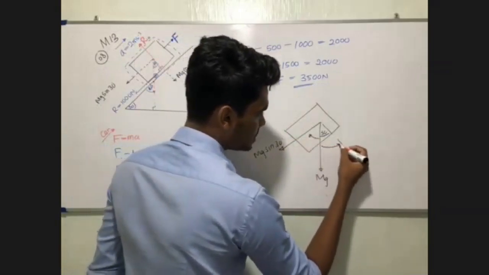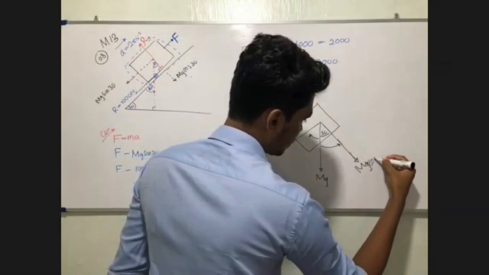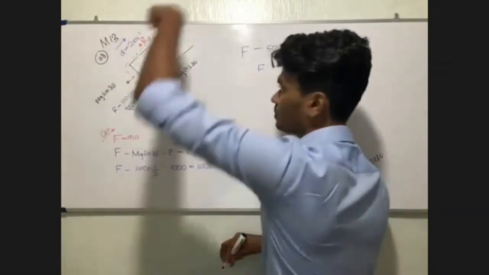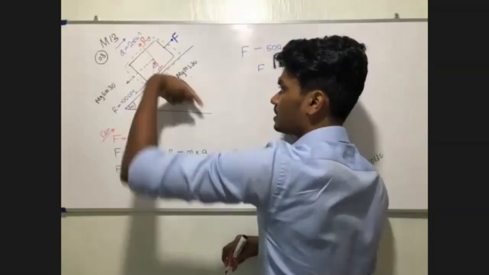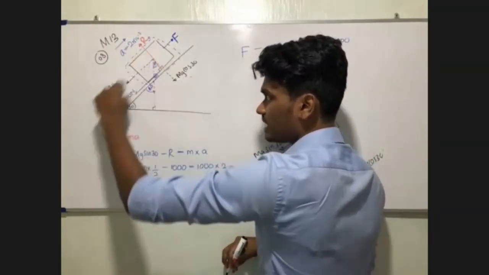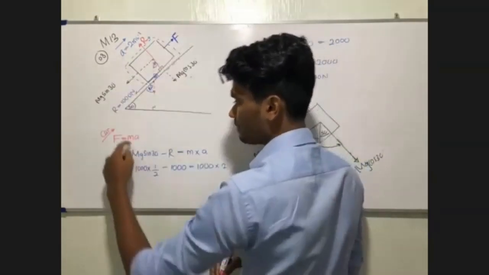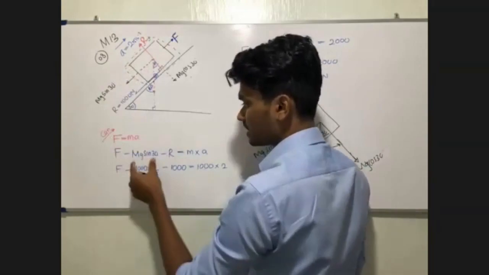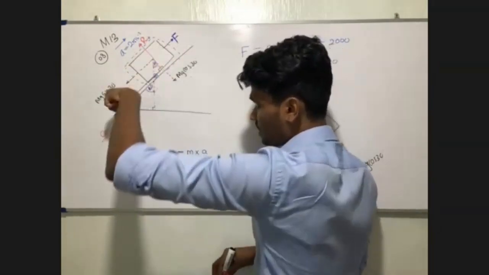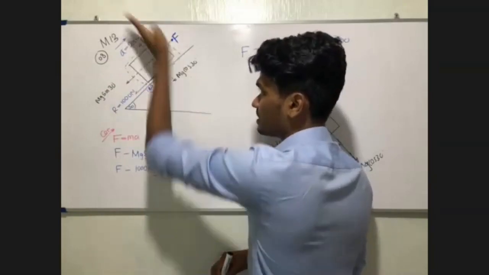If you resolve towards the angle, it is mg cos 30. Right? So this is mg sine 30, mg cos 30. So this mg is not there. Instead of this mg, you marked this and this. So now you have in the upward direction F, the downward direction mg sine 30, the downward direction also R is there. This capital R is in the perpendicular direction.